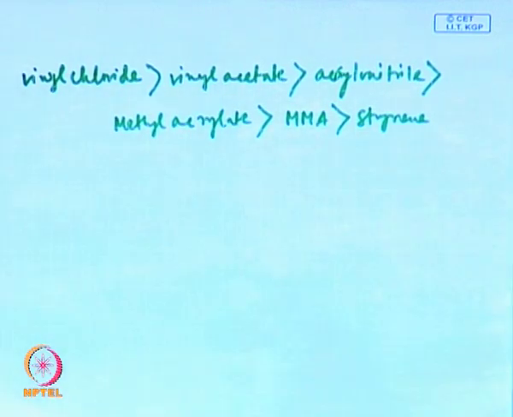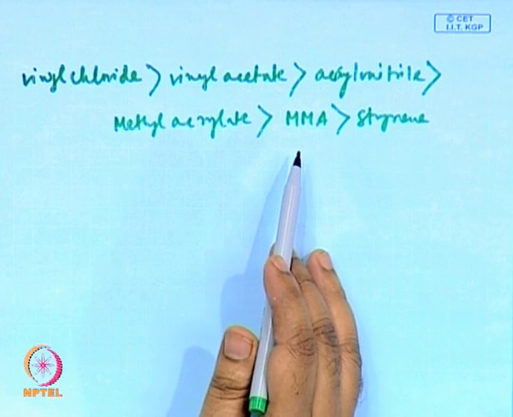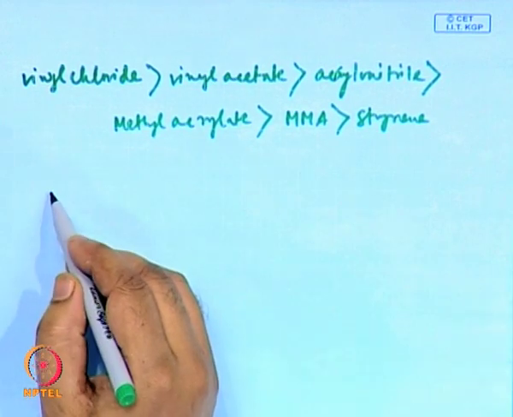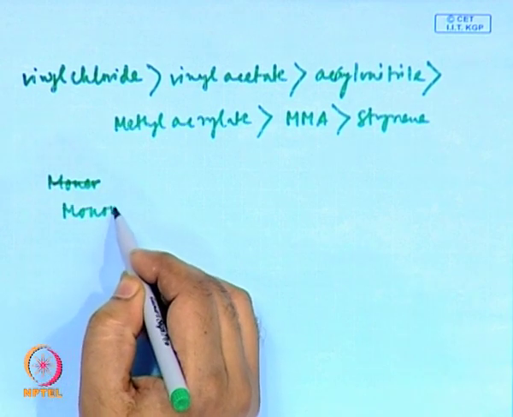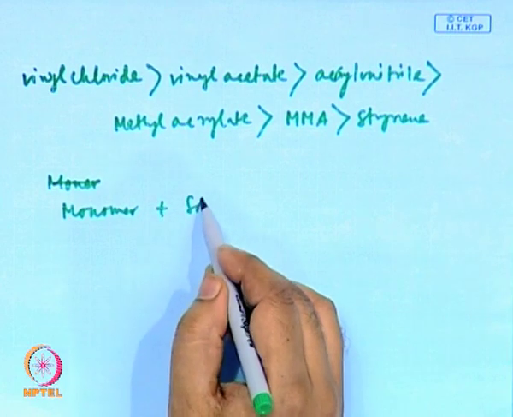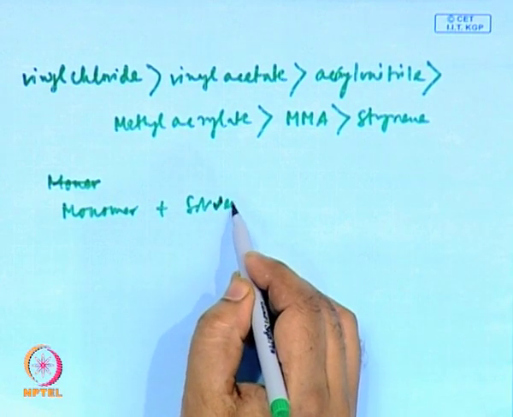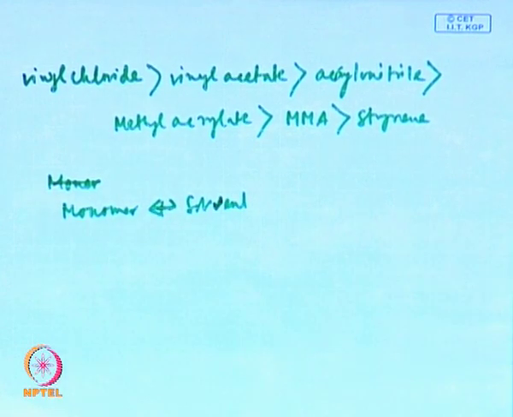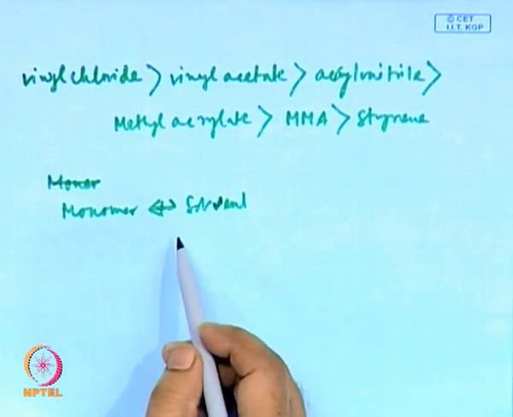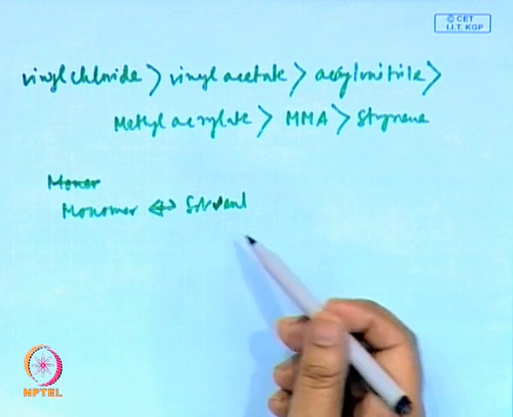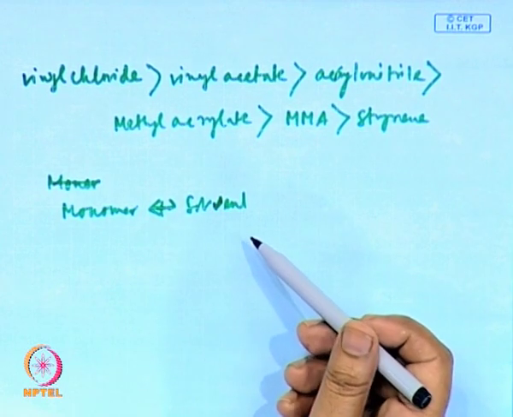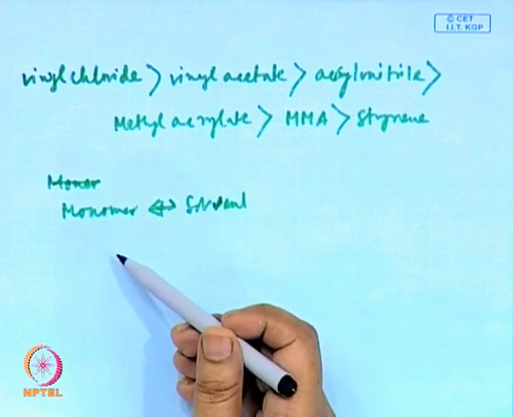Now, this ranking does not hold always. There are cases where there is a specific interaction or affinity between the monomer molecule and the solvent. Okay. There is specific affinity between these. If, for example, the monomer is an electron donor, it will have more tendency to react with a solvent which is an electron acceptor, whereas if the monomer is an electron acceptor, it will have a tendency to react with an electron donating solvent.